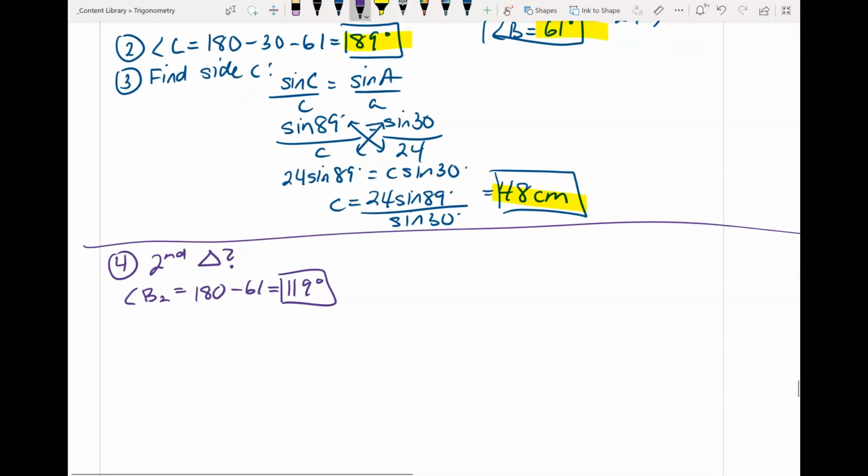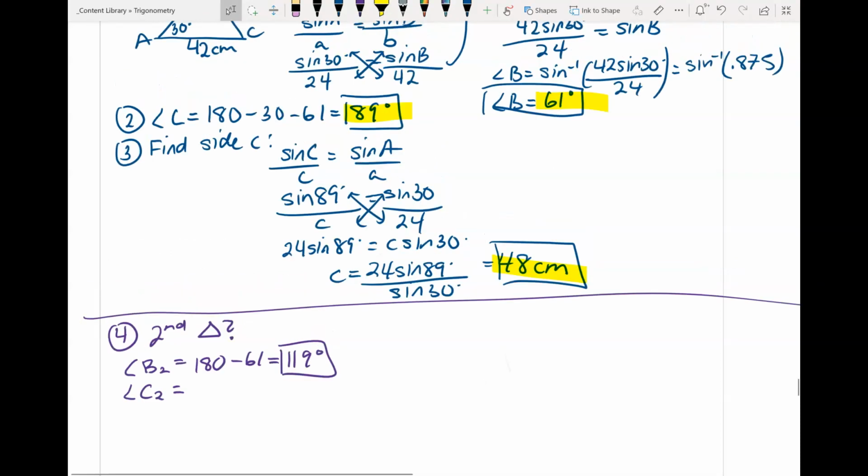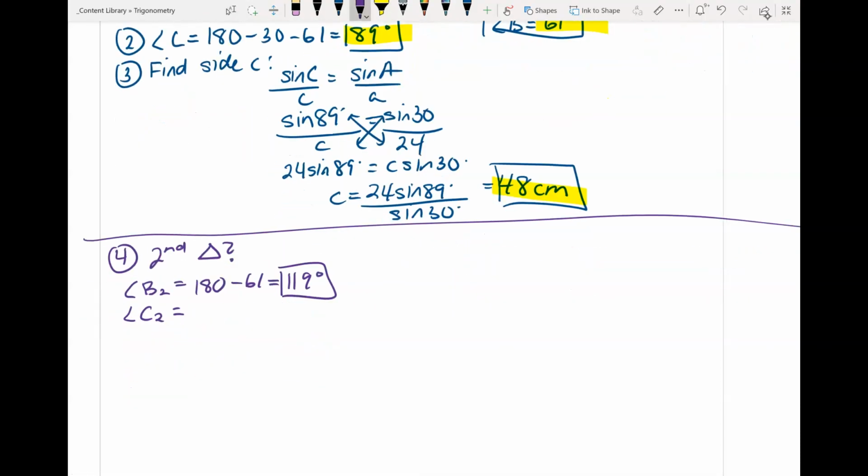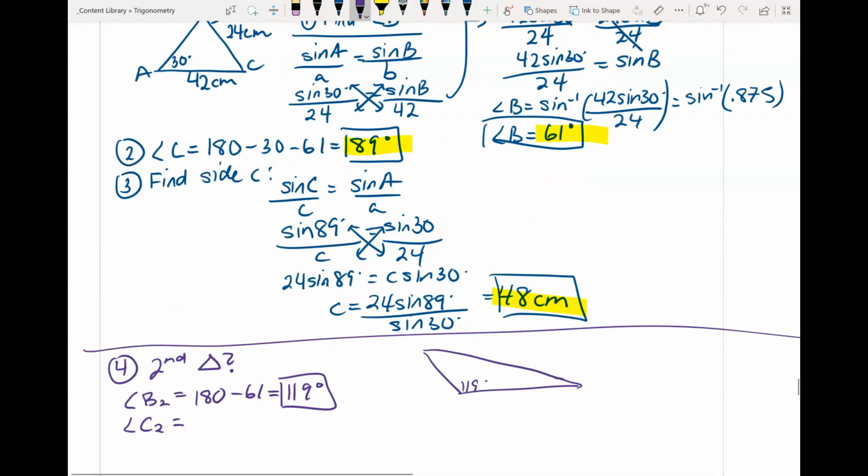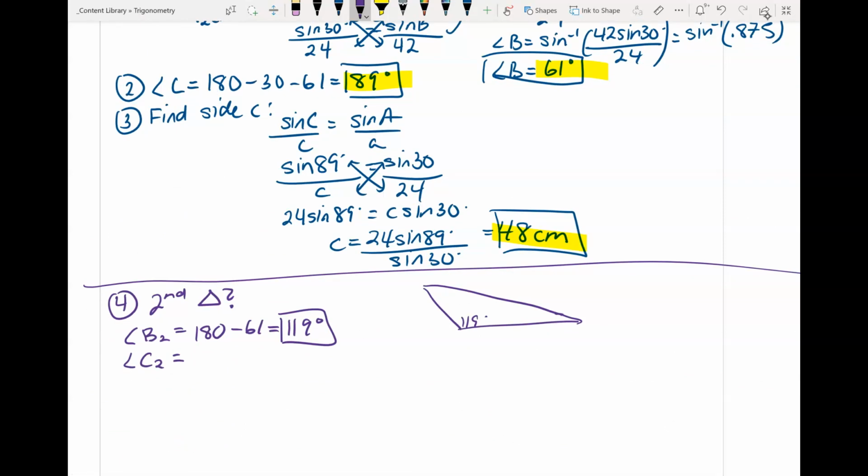So that's angle B2. Let's see if we can find angle C2, which is the second angle we would have after that. And to find angle C2, well, we have to know that it's going to be an obtuse triangle with angle 119 degrees. One of our angles has to be 30.